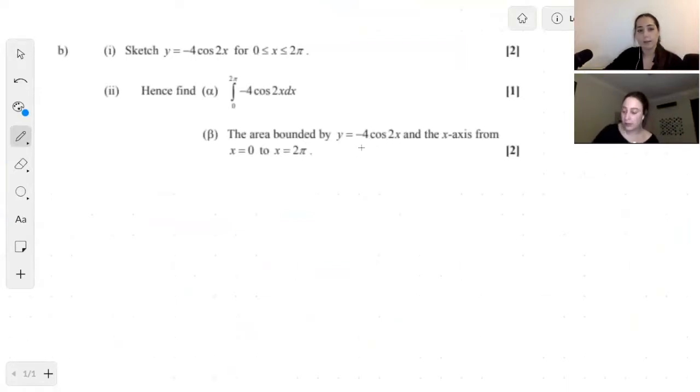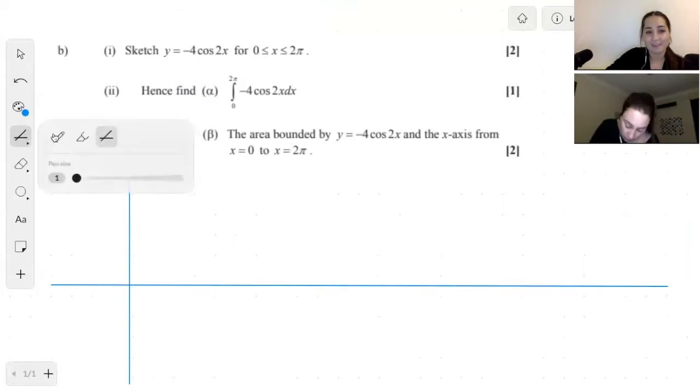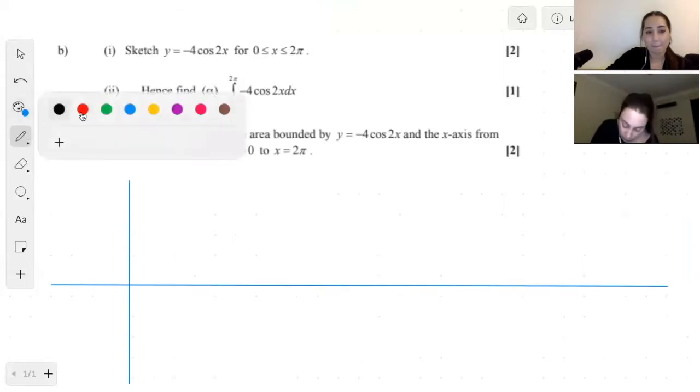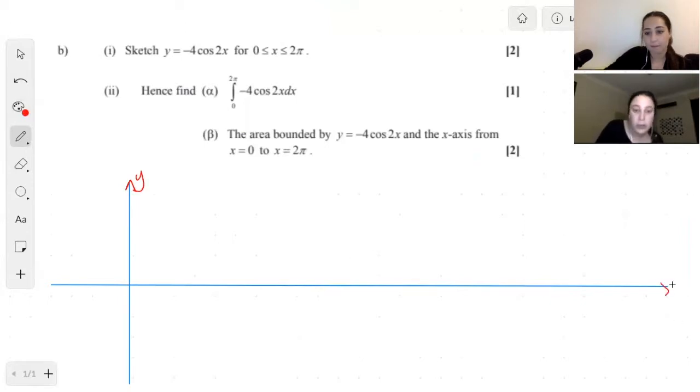All right, sketching. y equals -4 cos 2x. So pi on 2, pi, 3 pi on 2, 2 pi. And what are we going up to? Oh, minus. So it's 4, but it's going to be flipped the other way.